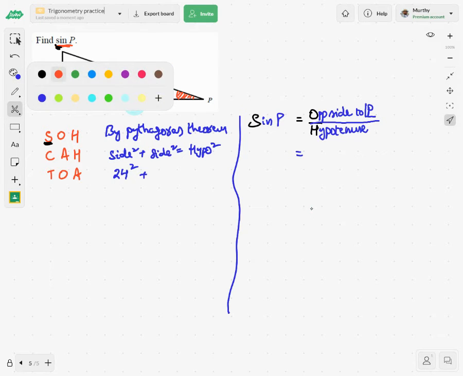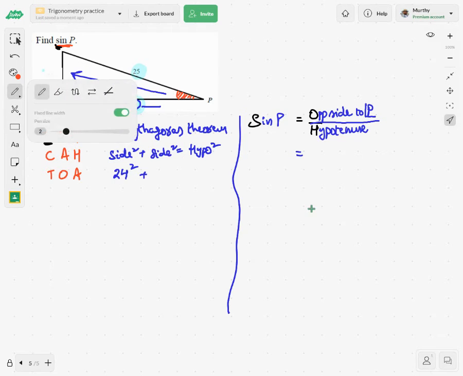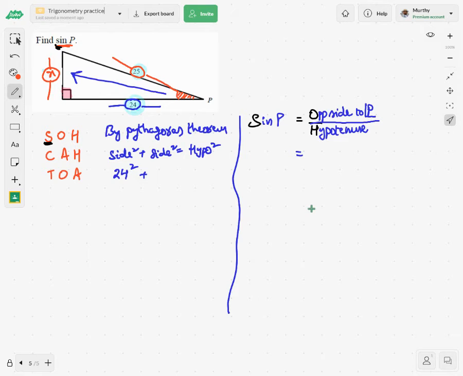I know that this side is missing, so this is x. And don't forget, this is hypotenuse. The side opposite to 90 degrees is known as hypotenuse. So hypotenuse is 25, but if I take 25 square here, this is not the hypotenuse. So what you have to do is, this is to be copied under hypotenuse, not under side. So here the missing side is x square.